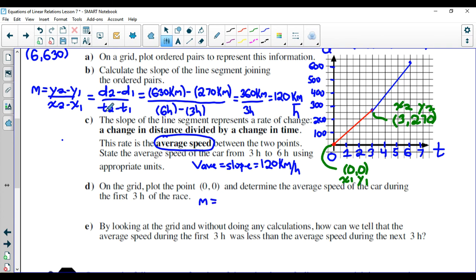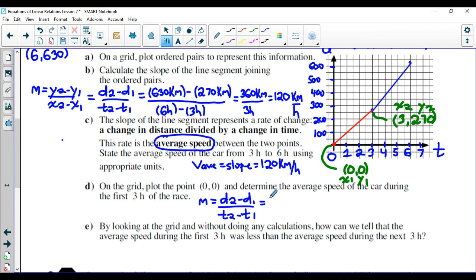Your slope would be equal to, and again, you can use whatever variables you want here. I suppose it's more accurate to use d2 and d1. So we'll do d2 minus d1 over t2 minus t1. We're just using different points to represent 1 and 2. Point 1 is now the point at the origin, and point 2 is that point.